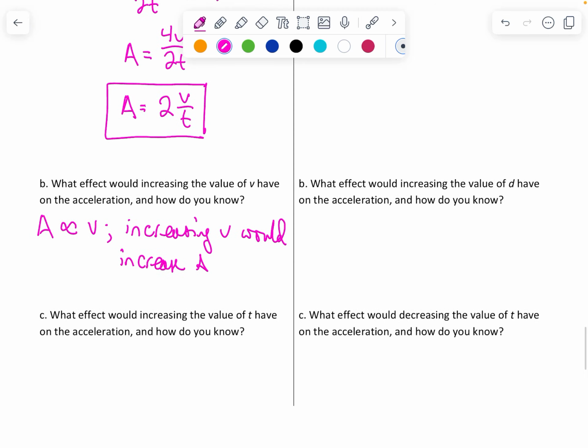And what effect would increasing the value of t have on the acceleration? A is proportional to 1 over t. Increasing t would decrease a.